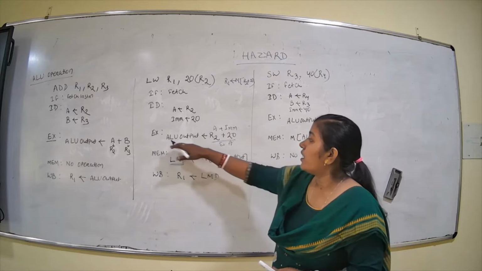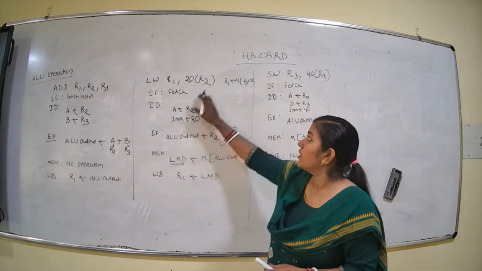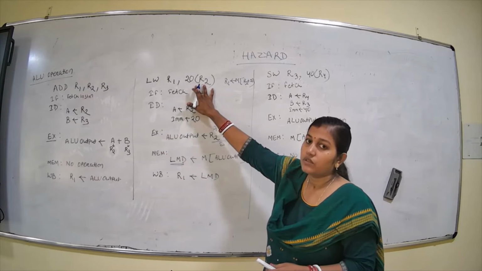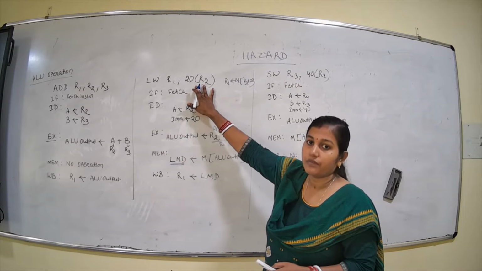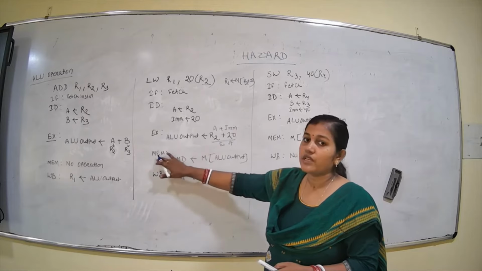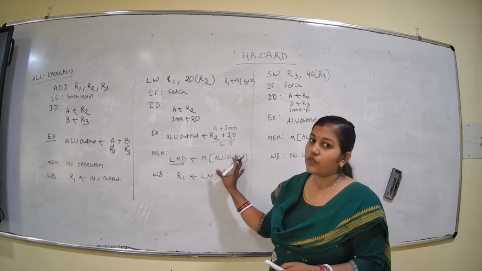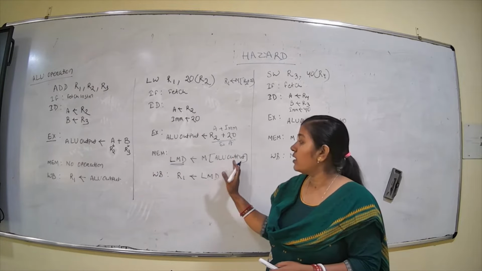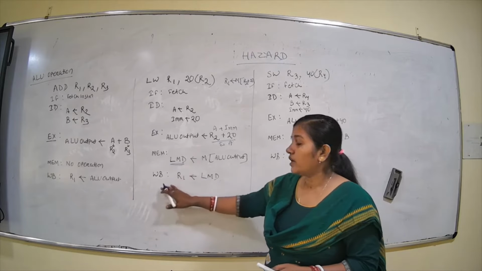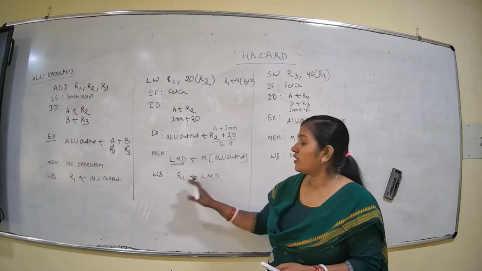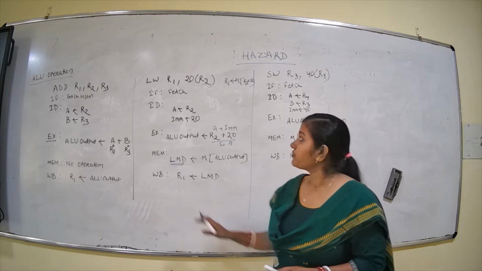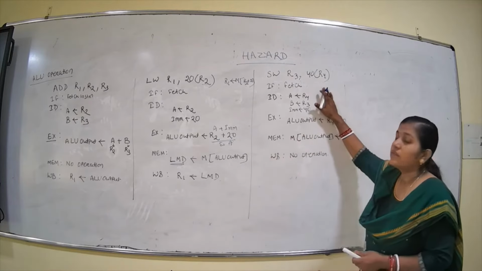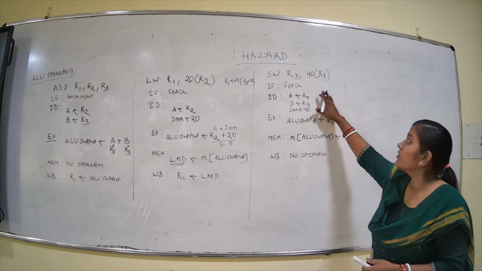So at the execute stage, we add these two to get the effective address. At the memory stage, we read from the memory and store into LMD, and in write back, we are writing into R1.